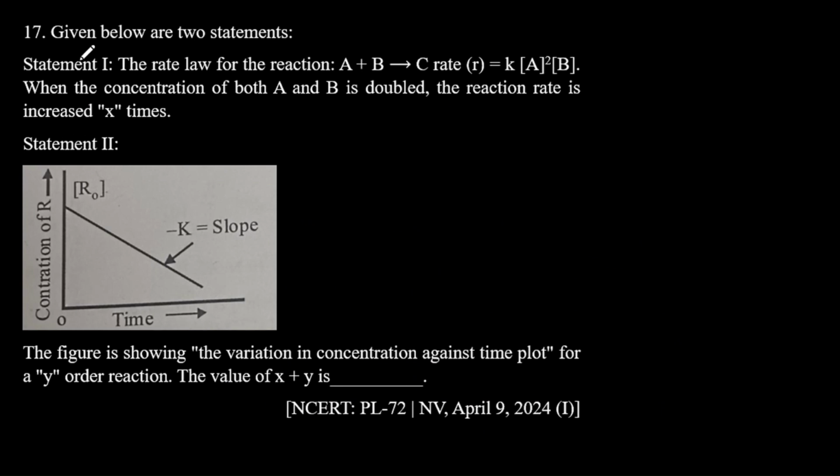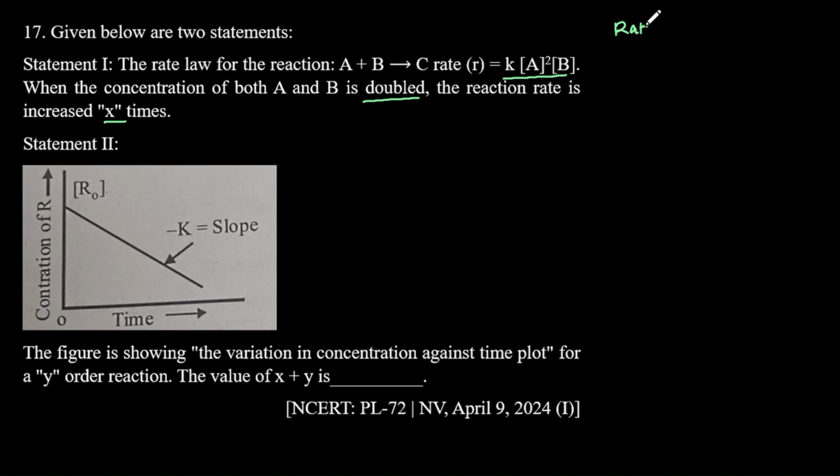The next question is, given below are two statements. Statement 1. The rate law for the reaction A plus B gives C, rate equal to K concentration of A power 2 concentration of B. When the concentration of both A and B is doubled, the reaction rate is increased X times.